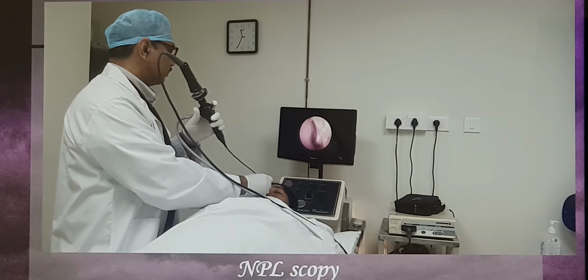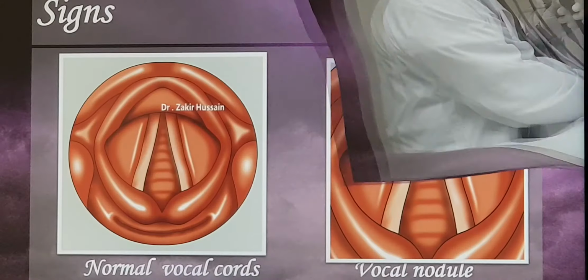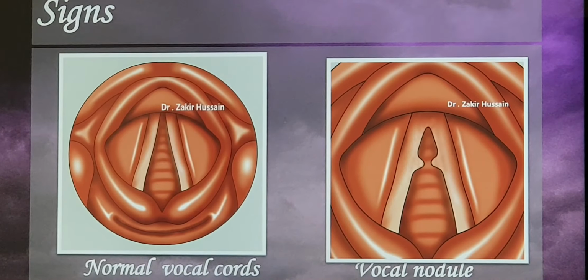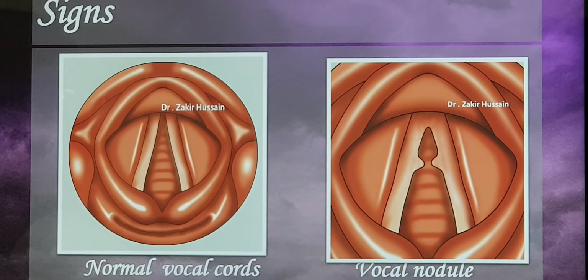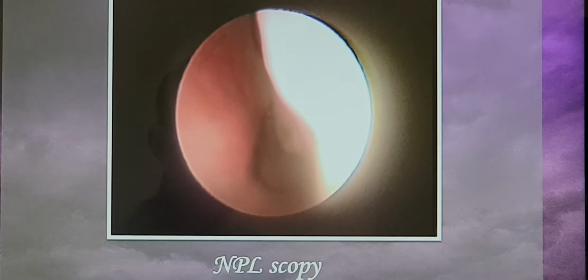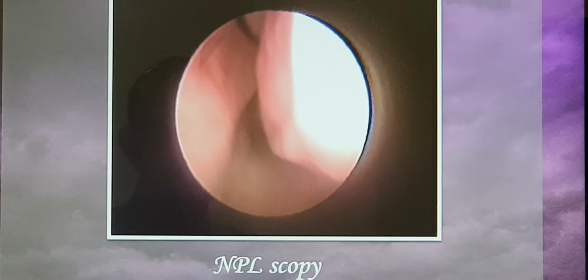Now, when we do a scopy, it will look like this. This diagram I have already shown you. This is a normal picture, and this is a picture showing vocal nodule. Now, if I show you a video, you will understand better. In this patient I am going to do a nasopharyngeal laryngoscopy. I am introducing it through the nasal cavity.